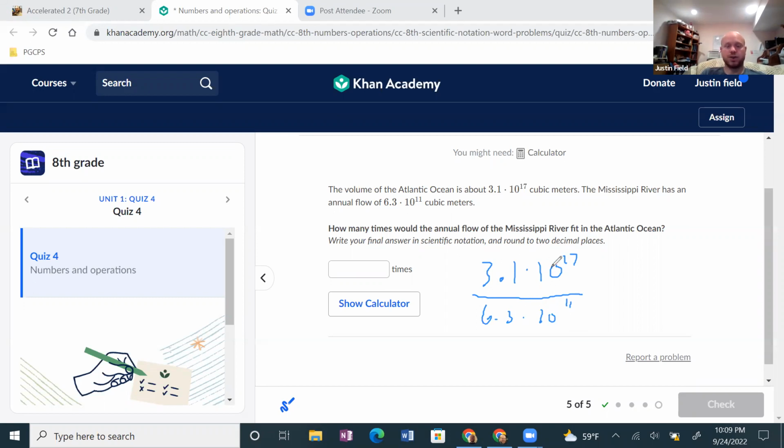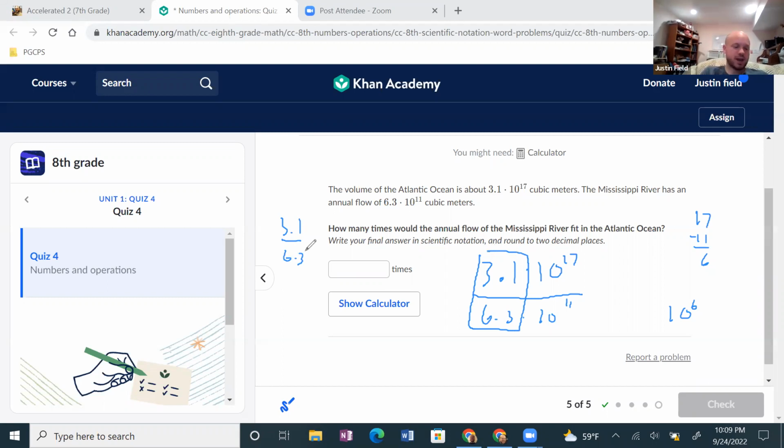So now I'm going to show you the division. So then we will subtract the exponents. So 17 minus 11 is 6. It's going to be 10 to the 6. And then we divide these terms. What is 3.1 divided by 6.3?